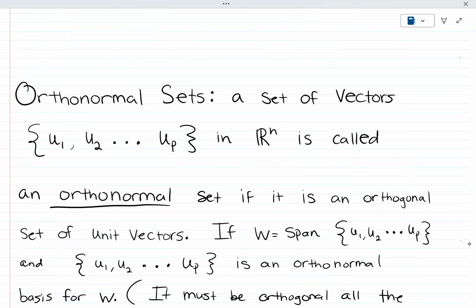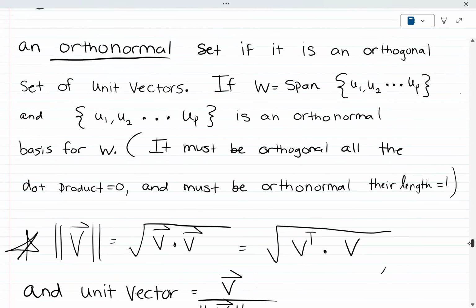If W equals span of U1, U2, and UP, and U1, U2, and UP is an orthonormal basis for W, it must be orthogonal. All the dot products must equal 0 and must be orthonormal, meaning their length must equal 1. So in order, it needs to satisfy two things. It must be orthogonal, meaning the dot product is equal to 0, and must be orthonormal.